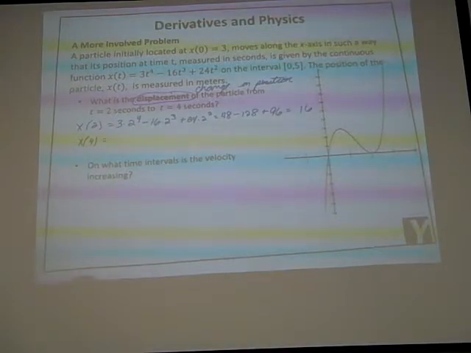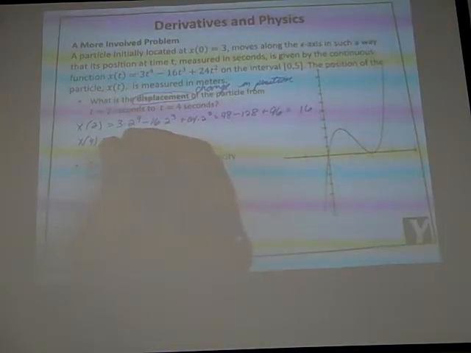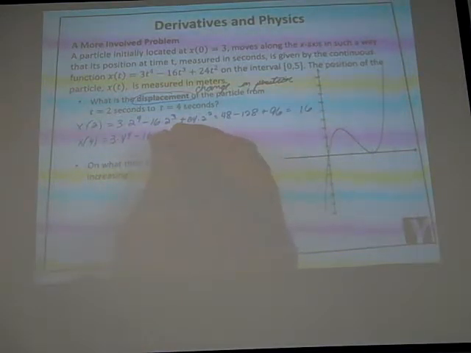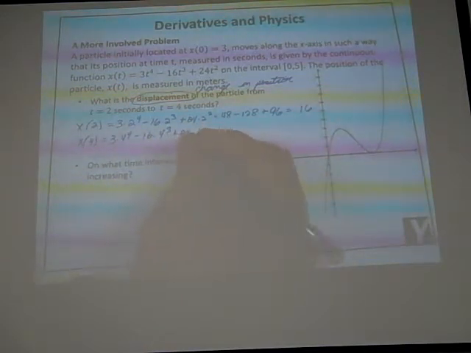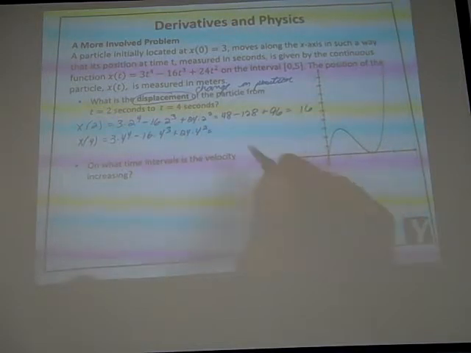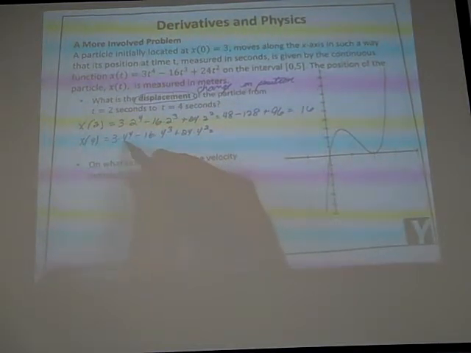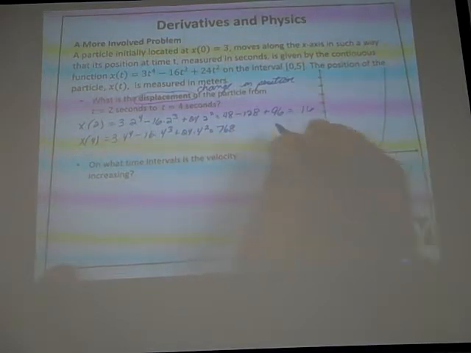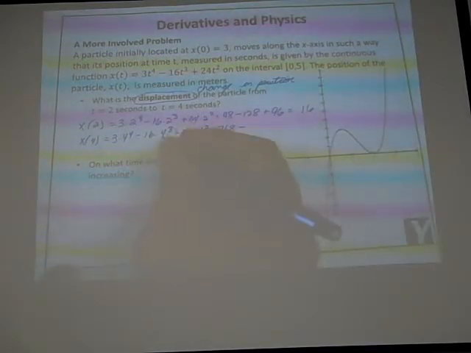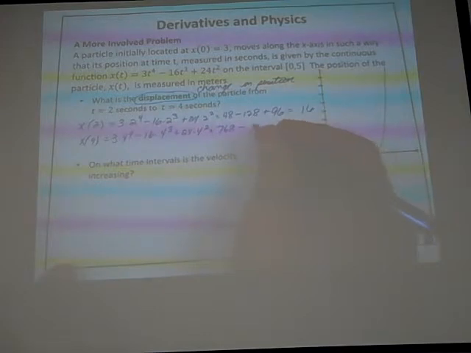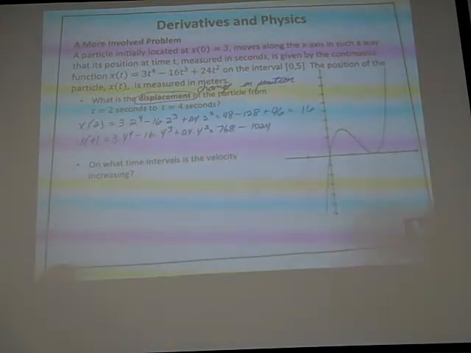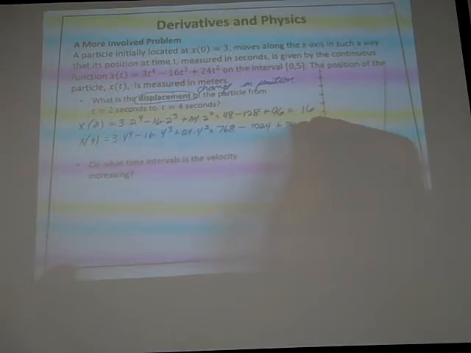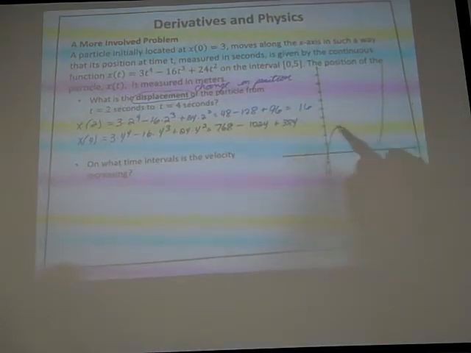Please check me on the calculator. x of 4: 3 times 4 to the 4th minus 16 times 4 cubed plus 24 times 4 squared. 4 to the 4th is 256 times 3 is 768, minus 4 cubed is 64 times 16 is 1024. 4 squared is 16 times 24 is 384.